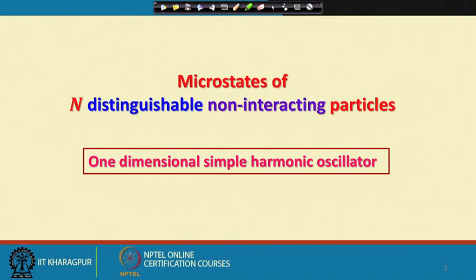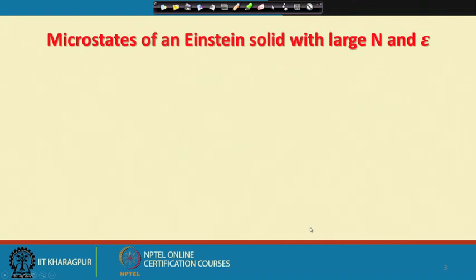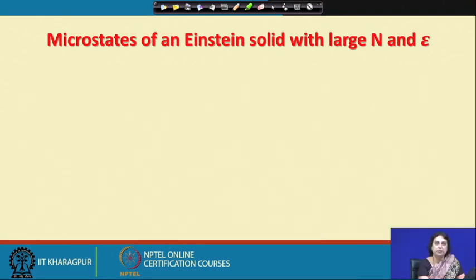We will continue our discussion on the microstates of simple harmonic oscillators, and we are talking about the solid known as the Einstein solid, comprised of capital N distinguishable non-interacting one-dimensional simple harmonic oscillators, for which the number of oscillators present is large and there is a large amount of energy available to it.